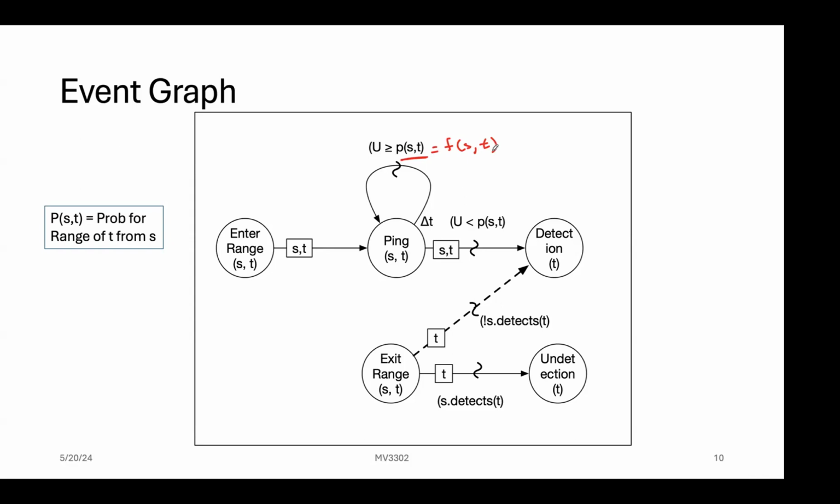Typically, in radar, there's this concept of a radar cross section, which is how you see the target from the perspective of the sensor. But as you see, the structure of the event graph is pretty much the same. All we would need is this additional data, which we're not going to go that far into.